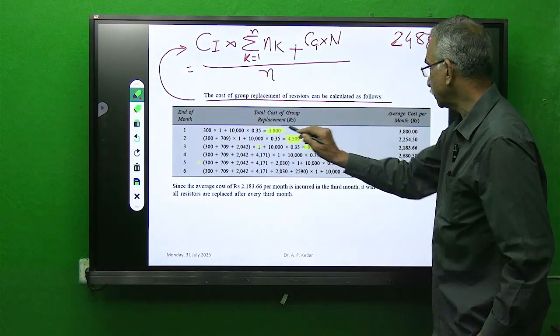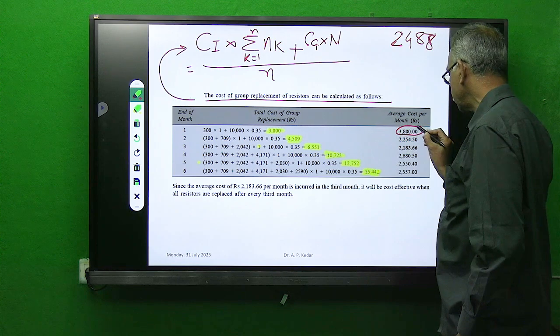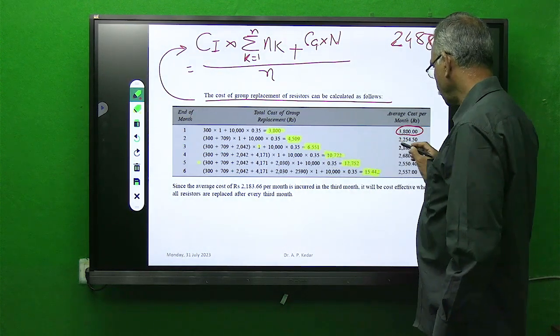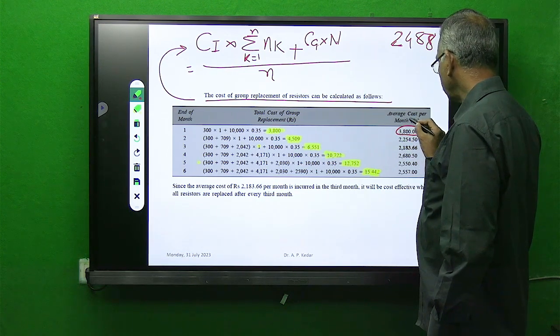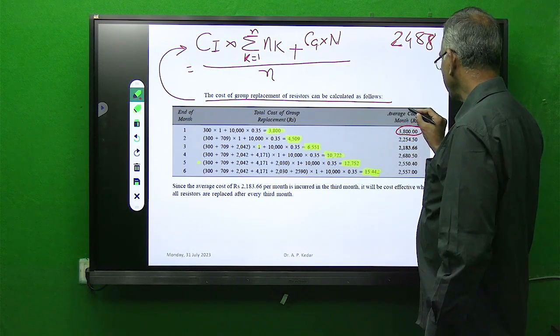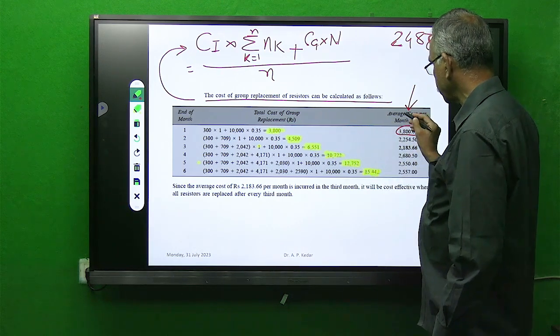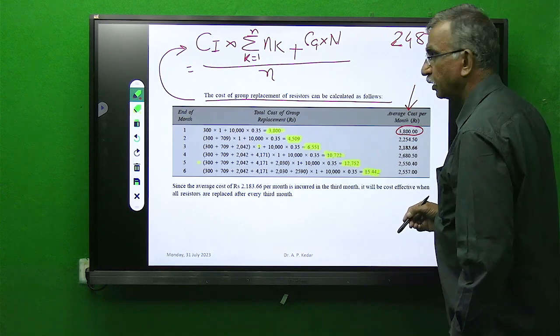So 3800 divided by 1 will be 3800 as it is. 4509 divided by 2 gives this second value. This is now the average cost per month. So we are dividing this highlighted cost by 1, 2, 3, 4, 5, 6, like that.